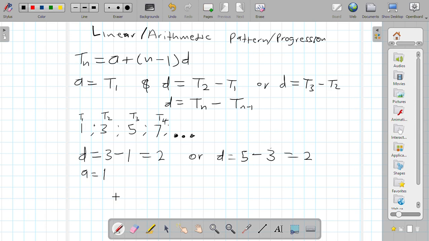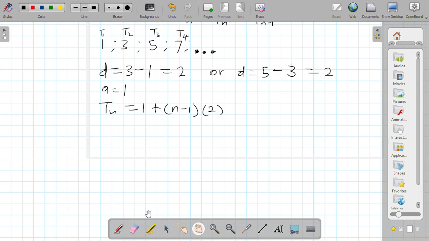Can you see that? Substituting into this equation, Tn equals the value of a, which is 1, plus (n minus 1) times the value of d, which is 2. From here it is just a matter of algebra.